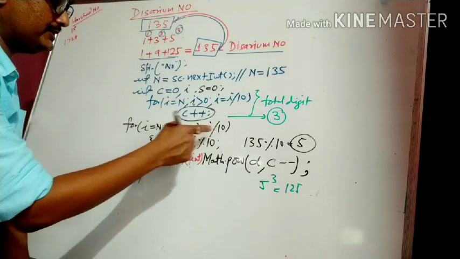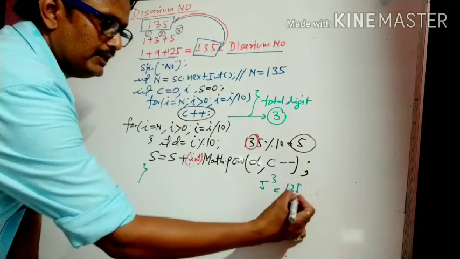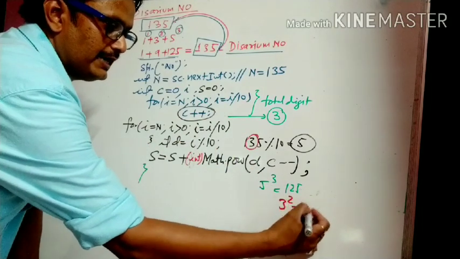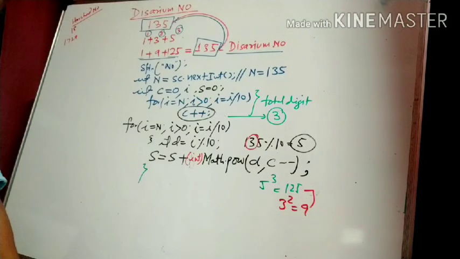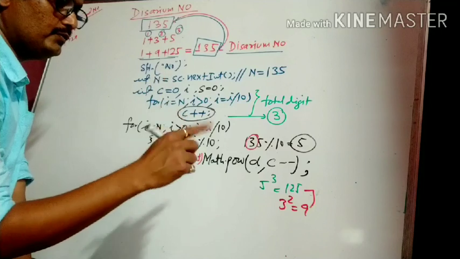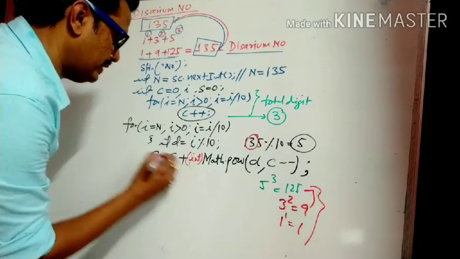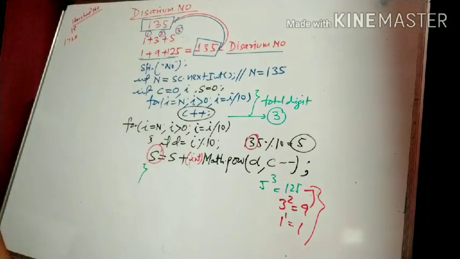Divide by 10. The next value will be 3. 3 to the power how much? 3 to the power 2, means 9, plus 125. Next time the value of d will be 1. 1 to the power 1 means 1. When you add this, the value will be stored in s.